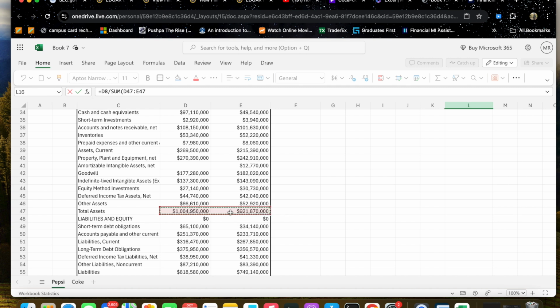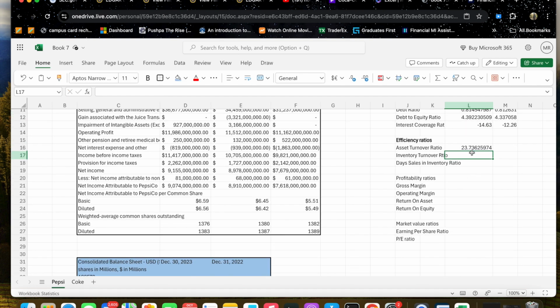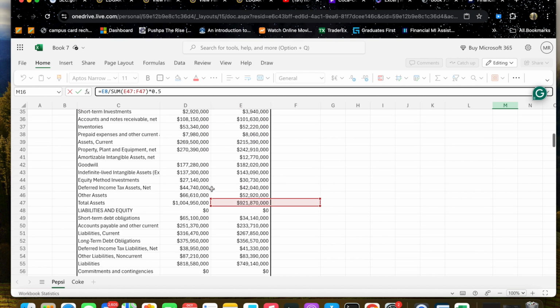So I have to average the two total assets of the year 2023 and 2022, and net sales should be divided by this average of the two assets. Here you go, we can see 23 times the sales generated over the asset.